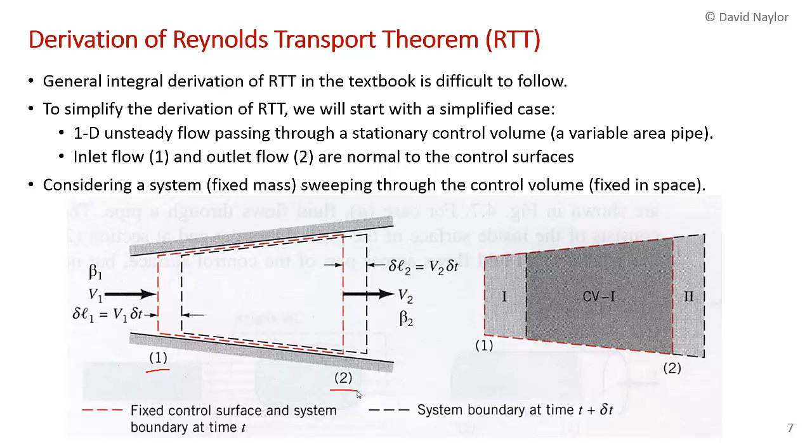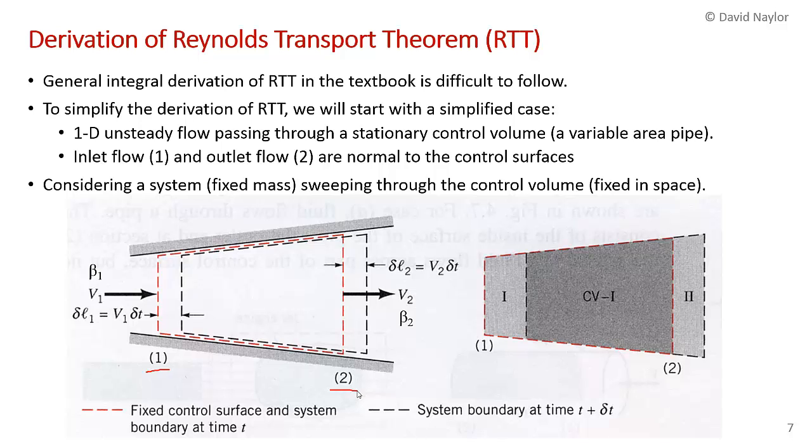And in Reynolds Transport Theorem, what we're considering is a fixed mass, so a system, sweeping through the control volume, which is fixed in space. So the red dashed line is the control volume, which stays in place, and the black dashed line is the system, the fixed mass, a moment later.